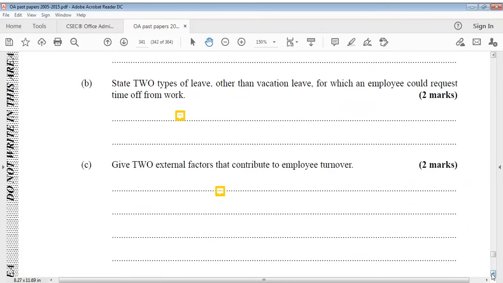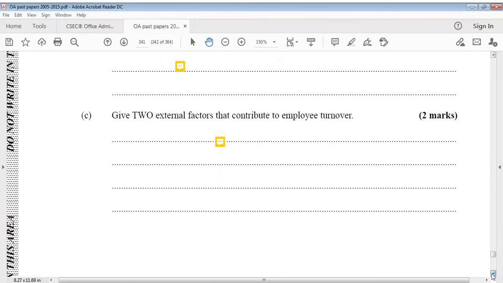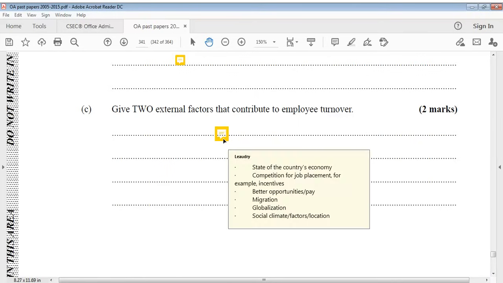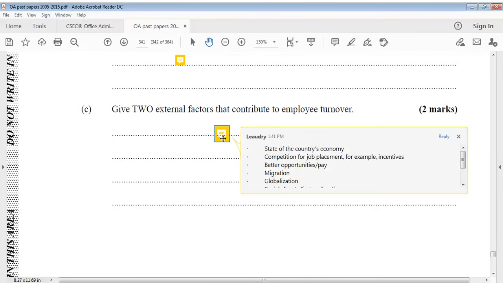Let's move on to number 4C. It says, give 2 external factors that contribute to employee turnover. So let's look at some external factors. 1. State of the country's economy. 2. Competition for job placement, for example, incentives. 3.